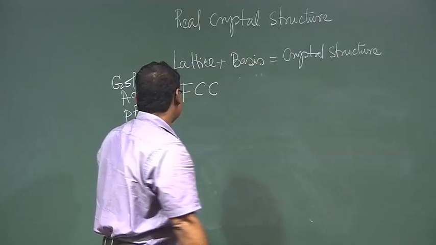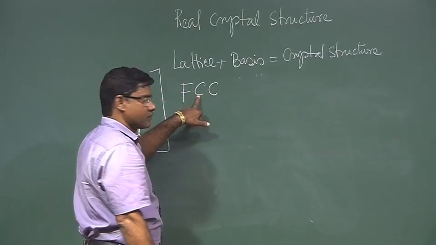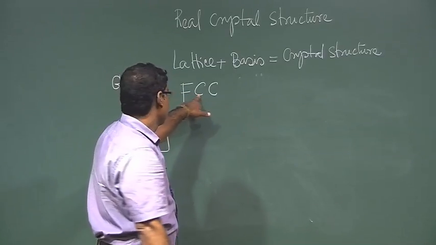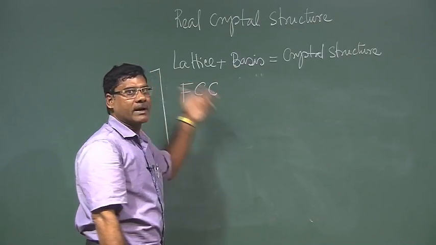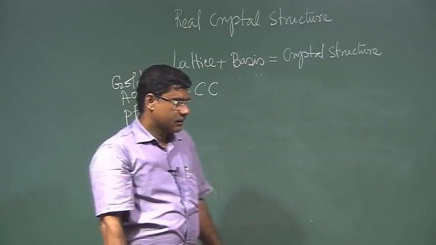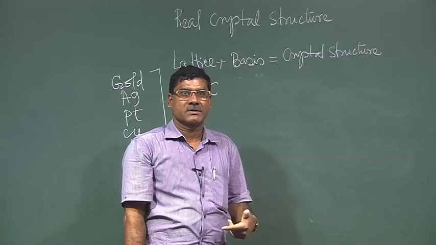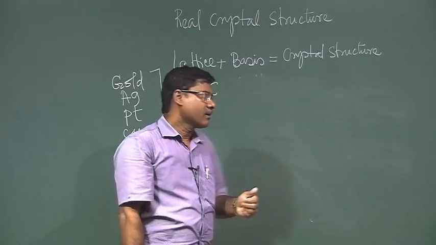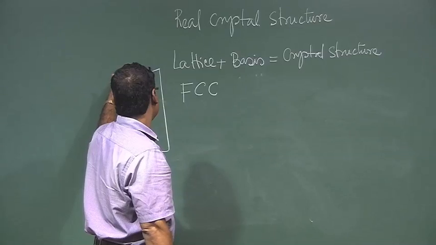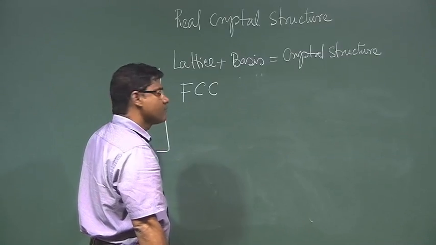Now, in this FCC, if you use just gold atom, then it will be gold. If you use copper, it will be copper. Okay. So, where we will put this atom?